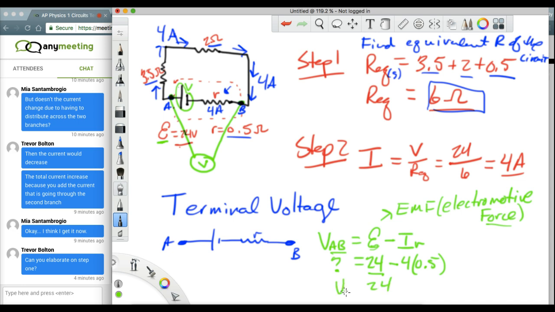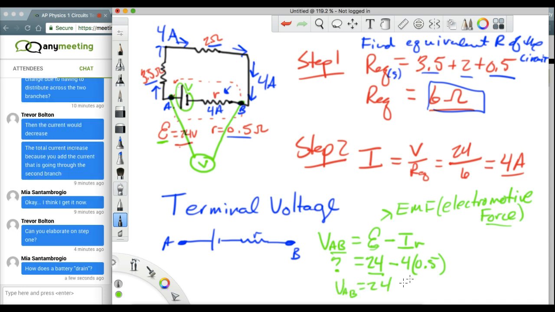So VAB is equal to 24 minus 2 volts. So 24 volts minus 2 volts equals 22 volts. So the voltage drop from here to here is 22 volts. The drop from here to here would get us all the way back to 24 volts and using the full loop.